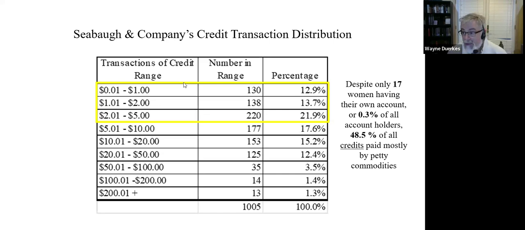So despite the fact that only 17 women had their own accounts, which was kind of impressive, just 0.3% of all the account holders, almost 50% of all the money coming into the store was generated by the work that women did. Okay. Yes, women also did work on the farm with harvest and planting and all that kind of stuff. But almost 50% came strictly from women.